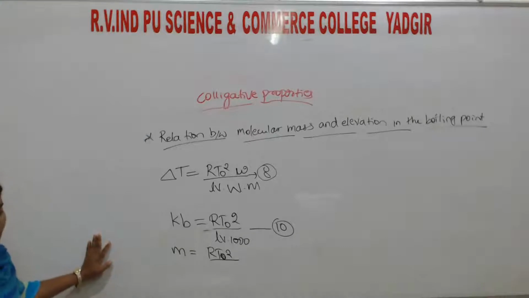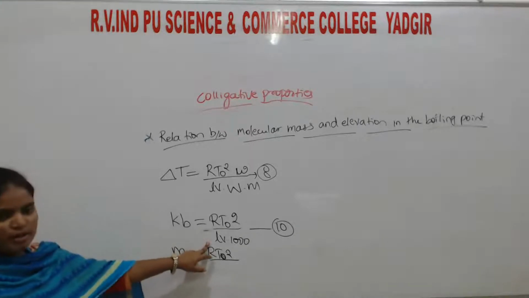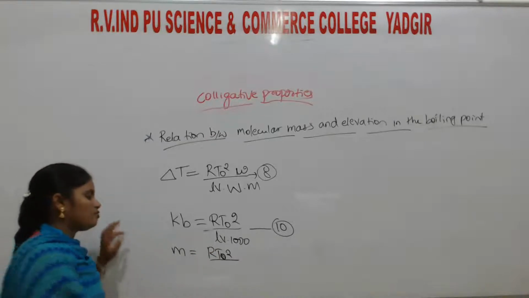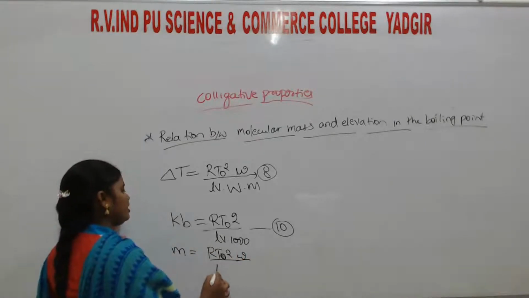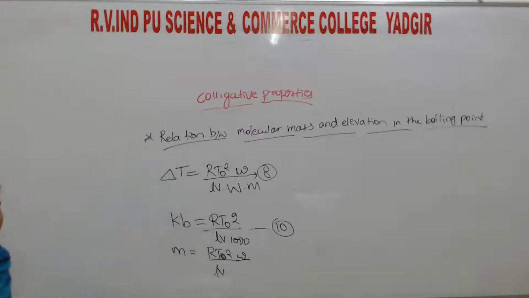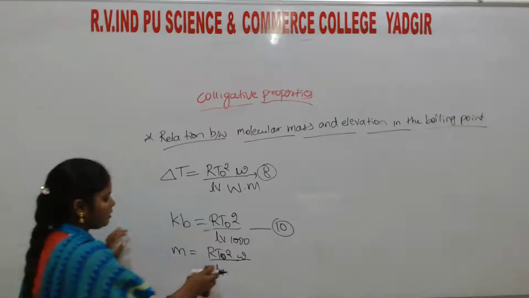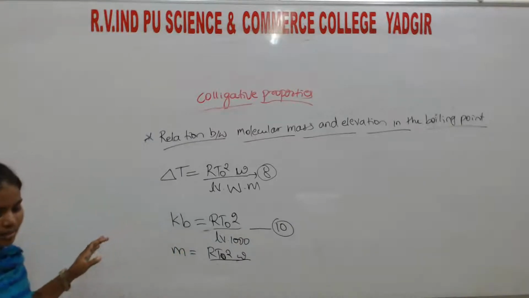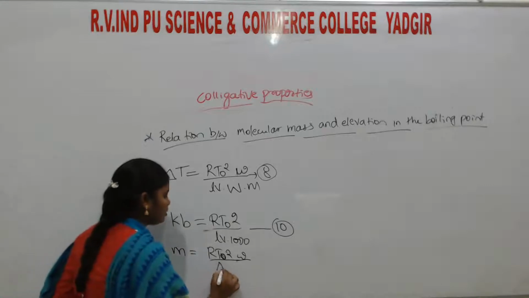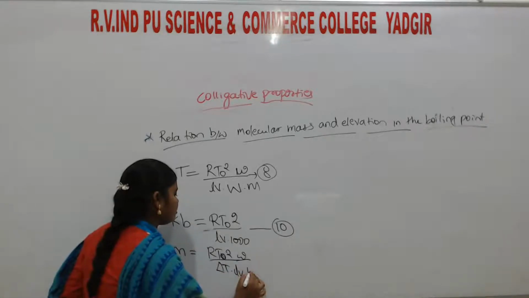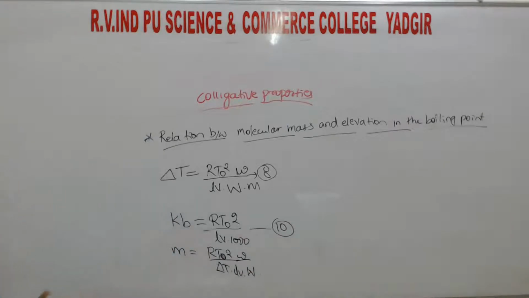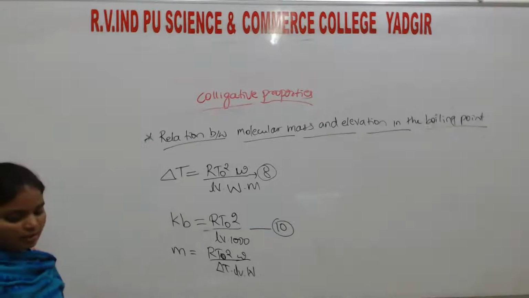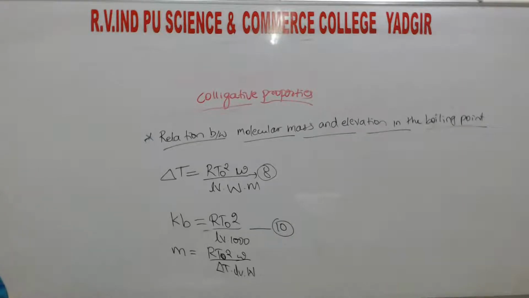Here, M is equal to R T naught square small w divided by delta T L V into capital W, and in place of that you can write Kb. From equations 10 and 11 you finally get the molecular mass of a solute. This is the relation between the molecular mass and the elevation in the boiling point.